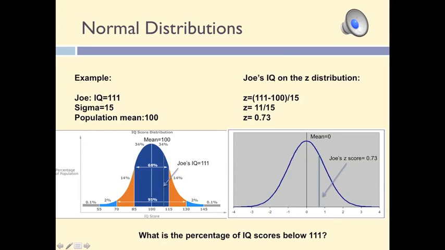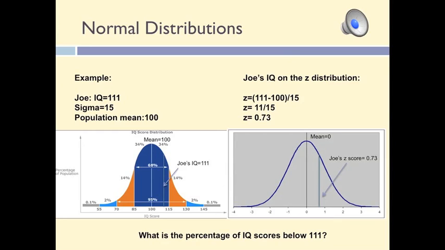Let's use again the distribution of the IQ variable to show how to transform a raw IQ score into a z-score. The image on the left shows the distribution of raw IQ scores. The image on the right shows the same IQ scores after they've been transformed into z-scores. Notice that the curve looks the same. The only difference are the values on the x-axis or horizontal axis.